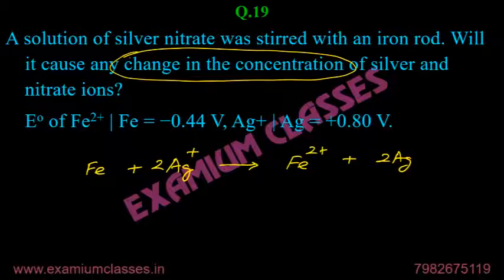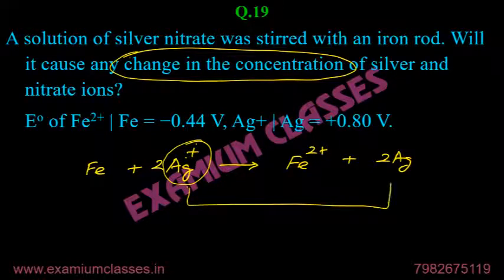In that sense, your answer is correct. That reaction is feasible. But something which is obviously common sense: if we are talking about silver, yes, the concentration will change because Ag plus will get converted to Ag.